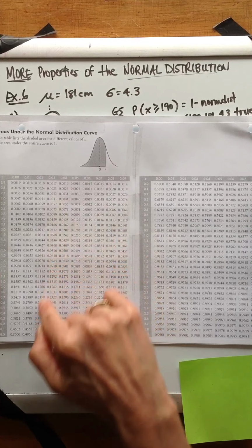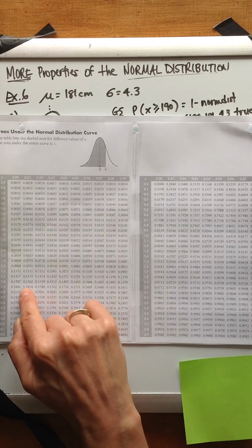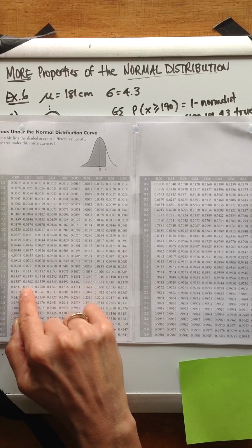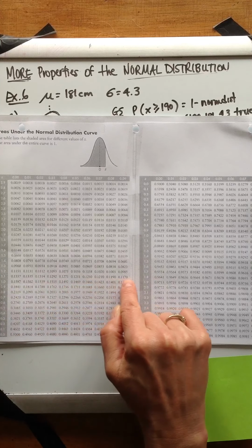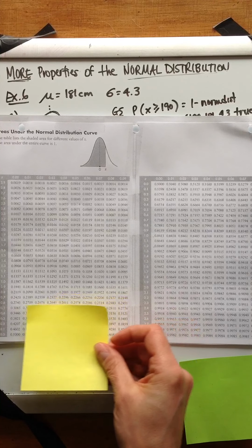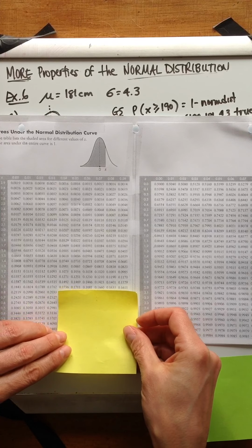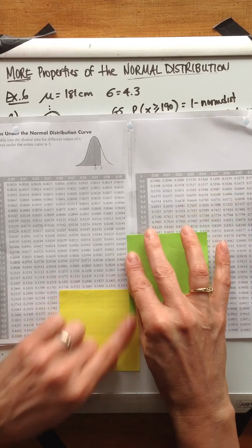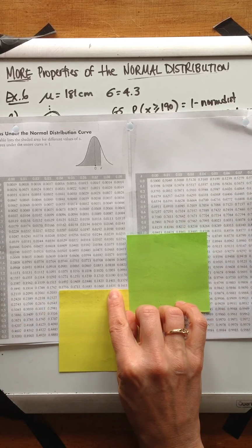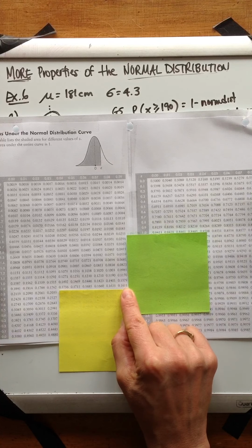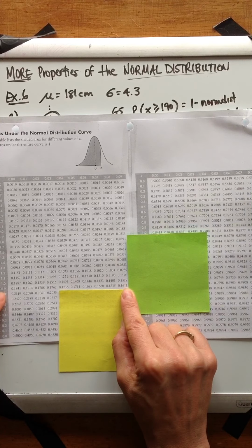Oh, 0.016, that's right. So 0.16, sorry about that, would be, oh, I've gone past it. Let's see. 161. Oh, here we go. 161 is right there, at the far end. And 163 is here. That's the closest I'm going to get to being 0.16. So I'm going to use, for a z value, negative 0.99.